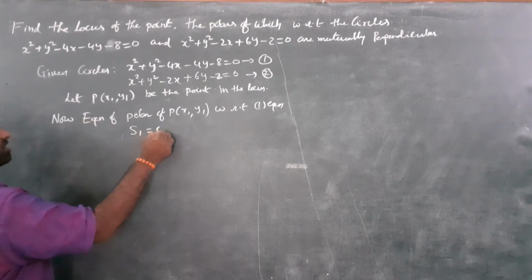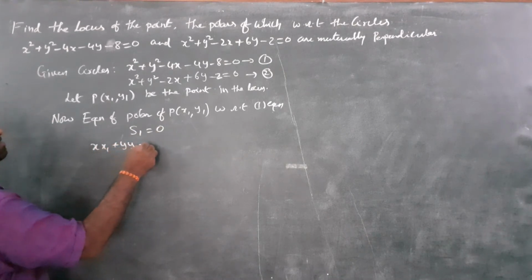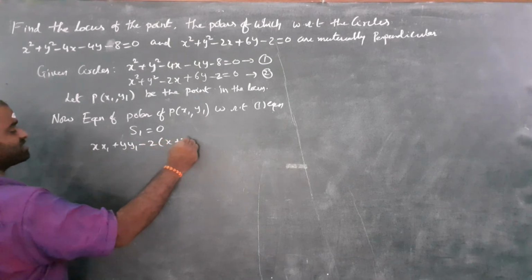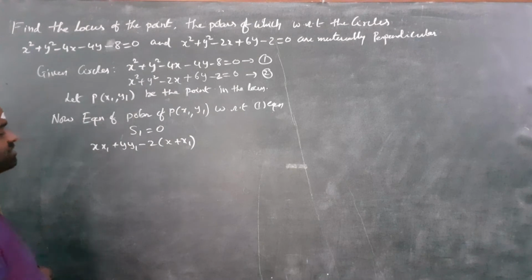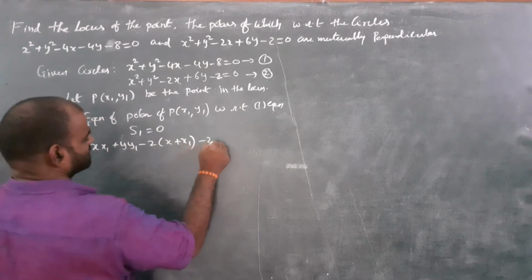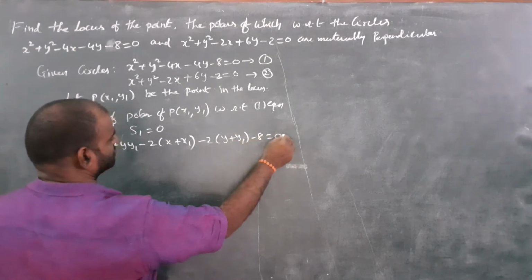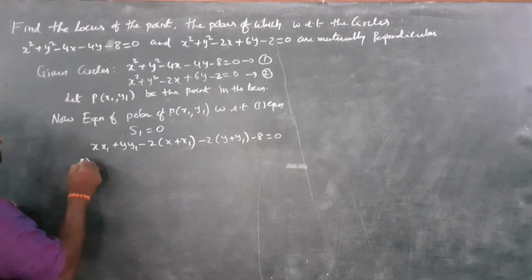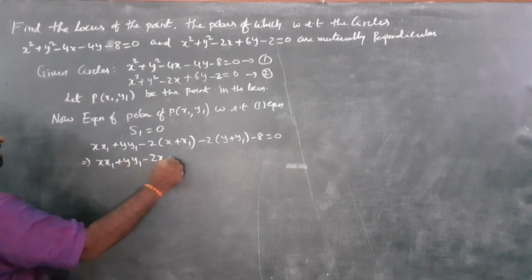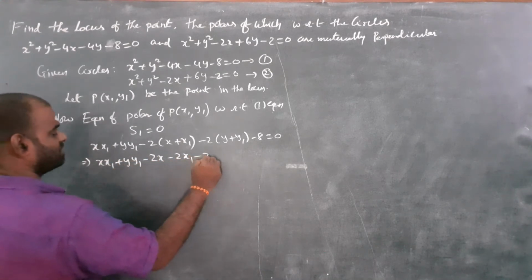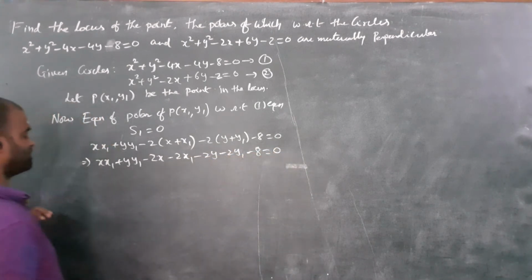Then what is that polar? S1 equal to 0 formula. So x1 squared plus y1 squared minus 2 into (x plus x1), because g is minus 1, minus 2 into (y plus y1), minus 8 equal to 0. From this: x1 squared plus y1 squared minus 2x minus 2x1 minus 2y minus 2y1 minus 8 equal to 0.